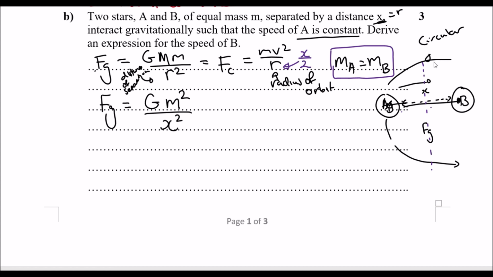Because if both planets have the same mass, the center of their orbit will be directly halfway between them. Something like that in a picture.